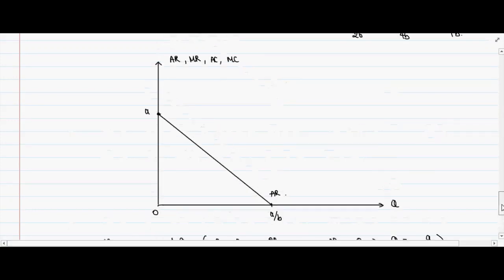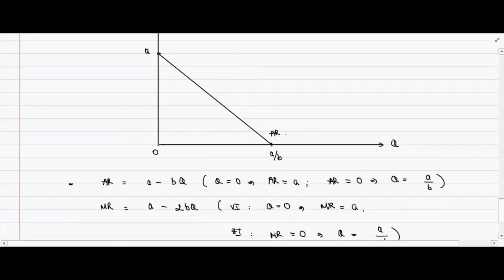So starting from the same point, vertical intercept A, and the horizontal intercept is where Q equals A on 2B, which is half of A on B, which is here. If I connect these two points together, I'll get the marginal revenue line, which is this.